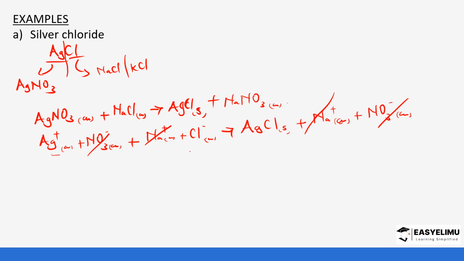And then chloride ions are aqueous state in the reactant, in the product, it's in solid state, so we leave it as it is. So we write the remaining ions, so it is silver plus chloride ion to form silver chloride. And you will notice you're always being left with the ions that are forming the precipitate. So that also can be a clue for you to see what you are supposed to cancel out.